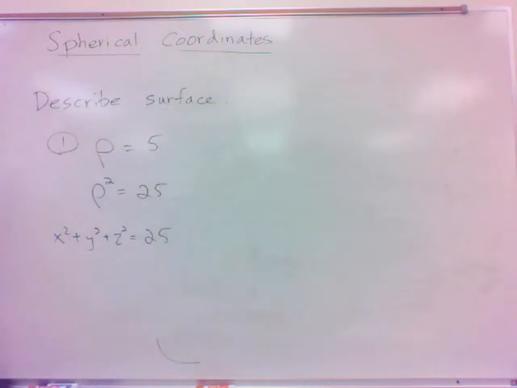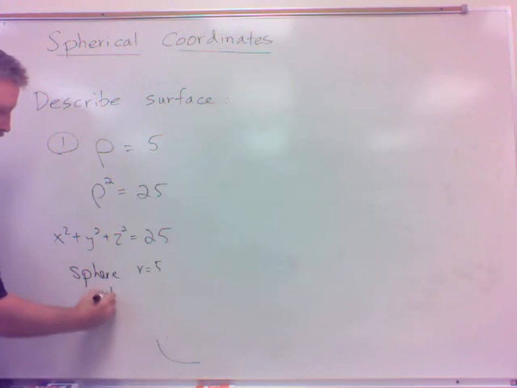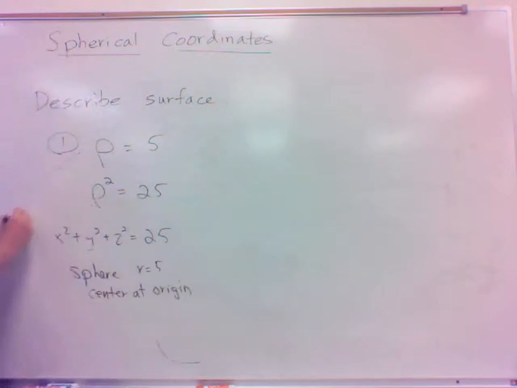So the equation rho equals 5 is synonymous with x squared plus y squared plus z squared equals 25, which we know happens to be a sphere of radius 5, centered at the origin. So rho equals 5 is a nice, neat equation for describing a sphere. Rho equals any constant would be a sphere centered at the origin at that radius.